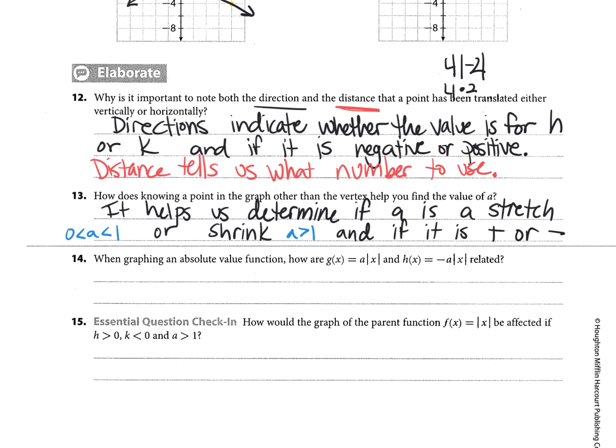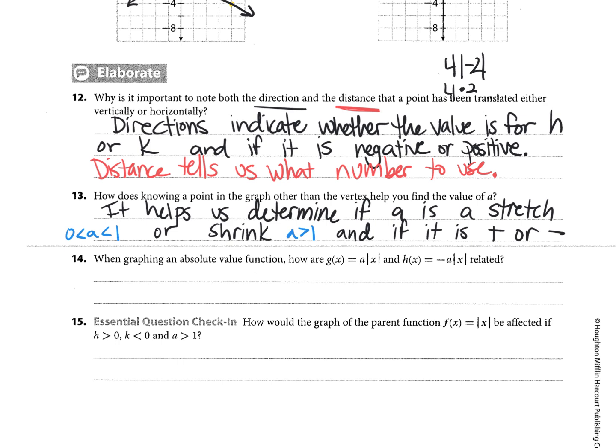So we know if it's a stretch, a has to be between 0 and 1, and if it's a shrink, a has to be bigger than 1. Then we make it positive or negative based on whether it's above the x-axis or below. So it could be bigger than 1 in the sense of, okay, we're going to use 2, but then we make it negative and flip it upside down.